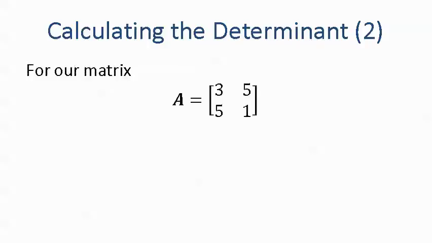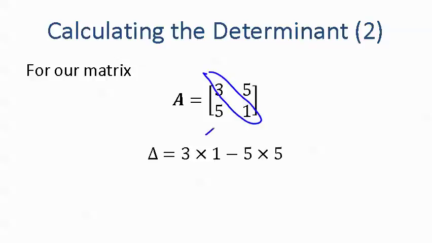So in our case, if A is equal to the matrix 3, 5, 5, 1, then delta is equal to 3 times 1 minus 5 times 5, which is going to give us a minus 22.